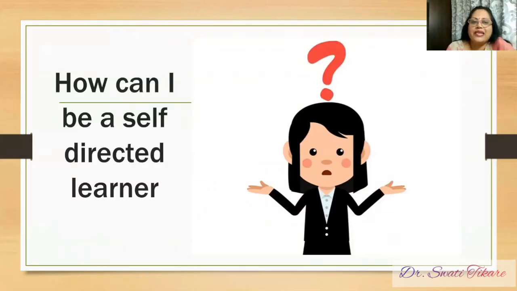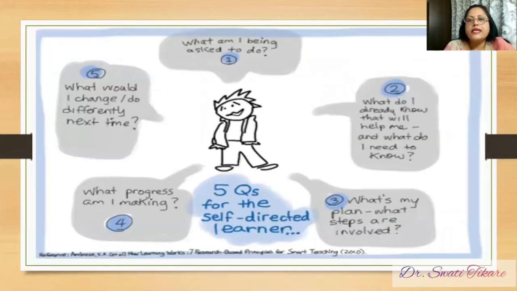Next, if you have not understood how I can be a self-directed learner, let us dwell a little more on it quickly. These are some of the questions you ask yourself to become a self-directed learner. What am I being asked to do? Wherever you go, to your lab, to your clinic, you just ask yourself, what is it that I'm being asked to do? Based on that, you will think whether I'm capable of doing it or I need something else.